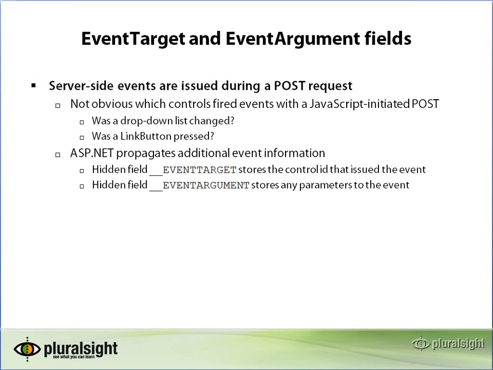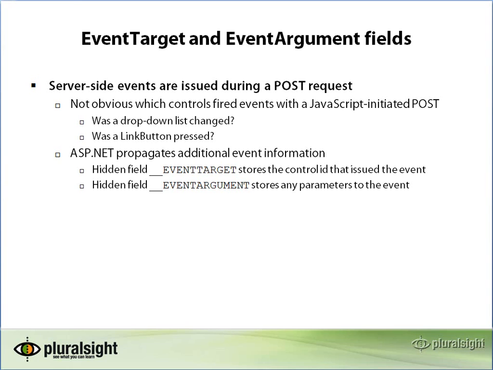There is one other mechanism that's used for determining which server-side control actually initiated a post request. And this is the event target field, and it has a corresponding event argument field. And these are another pair of hidden input elements, much like the ViewState hidden input element.